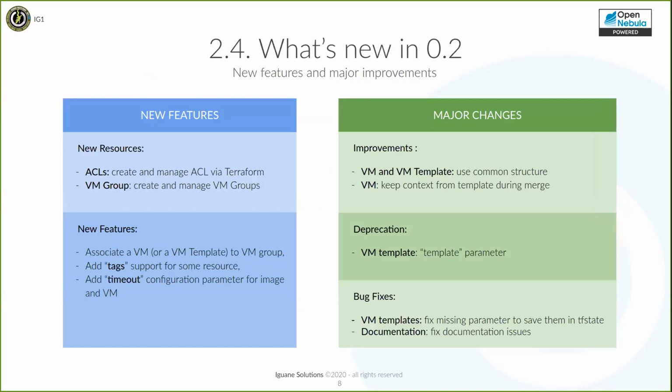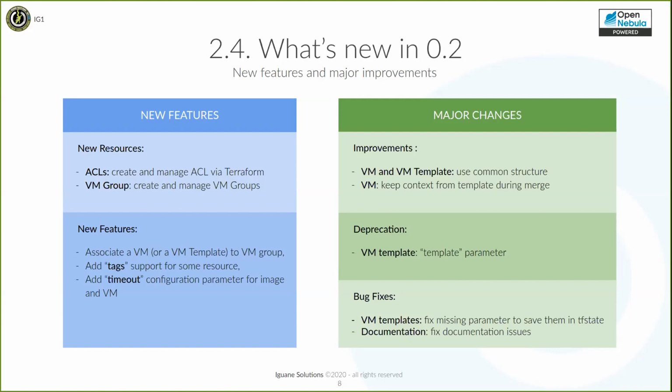So, as I said, last year it was the first version of the provider, the 0.1. Since then, at the beginning of the month, a new release was performed. This new release includes new features, new resources such as ACLs and VM group. So now you can manage user rights via Terraform, and also you can create a group of VMs.